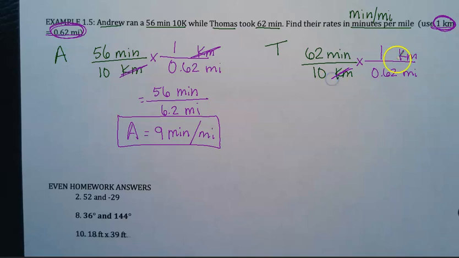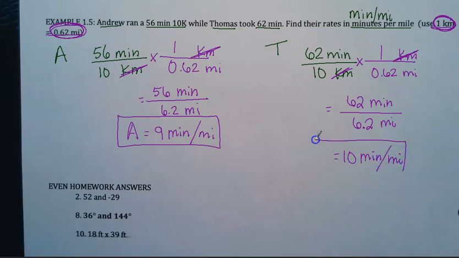Our units cancel for kilometers. 62 times 1 is 62. Minutes is the only unit we have in our numerator. Per 10 times 0.62 is 6.2, and miles are the only units we have in the denominator. So 62 divided by 6.2 is 10 minutes per mile. And that is for Thomas.